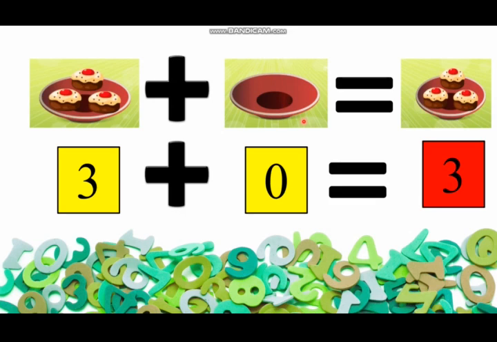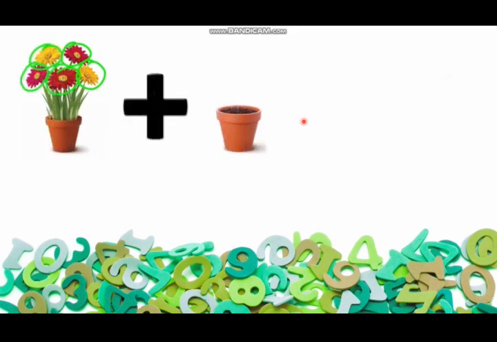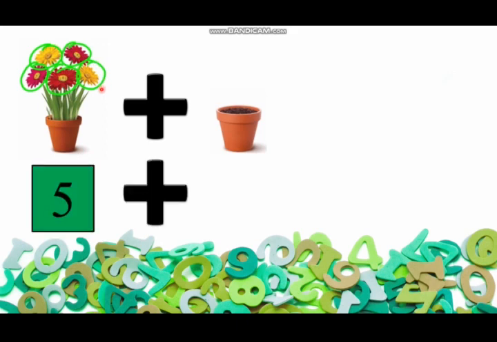Okay, now let us see the next one. We have a flower pot here. Can you count how many flowers are there in the flower pot? Yes, in the first flower pot there are 1, 2, 3, 4 and 5 flowers. So 5 plus, this is an empty flower pot.